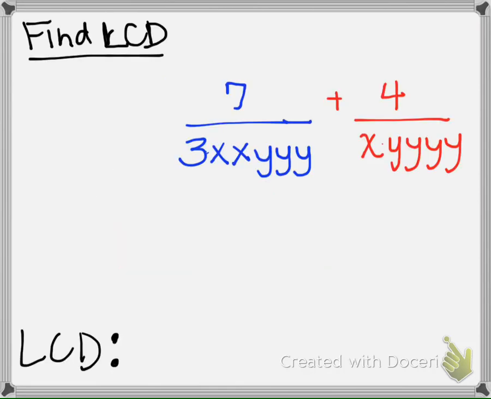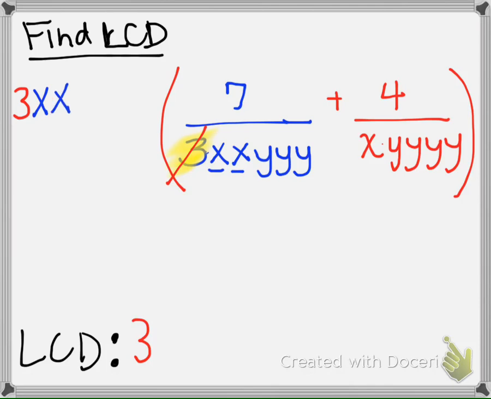Okay, so to find the common denominator, first of all, I'm going to take the first fraction, and I see a 3. So I need a 3, so that way that will cancel out with that one. Okay, then I see that there's 2 x's here, so I'm going to put 2 x's out here.